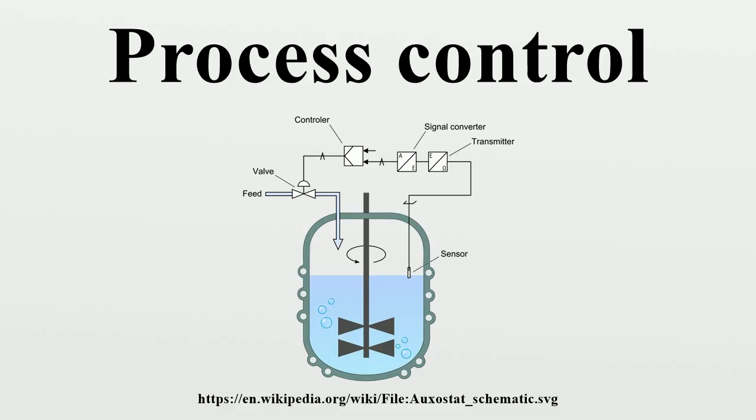A commonly used control device called a programmable logic controller, or a PLC, is used to read a set of digital and analog inputs, apply a set of logic statements, and generate a set of analog and digital outputs.